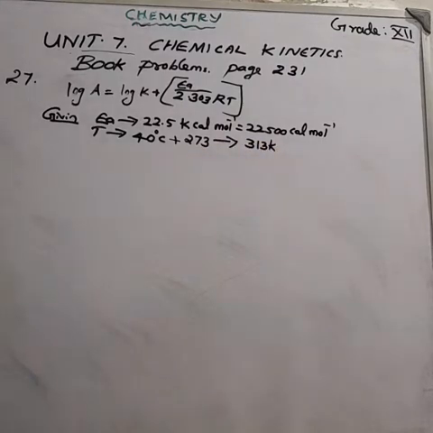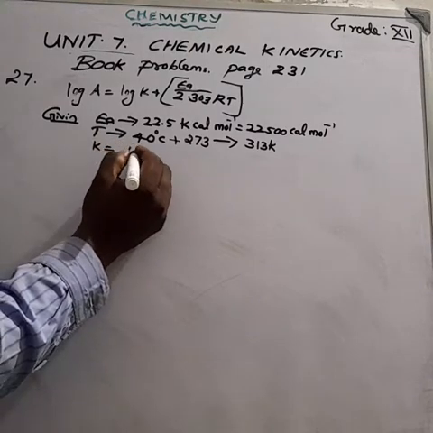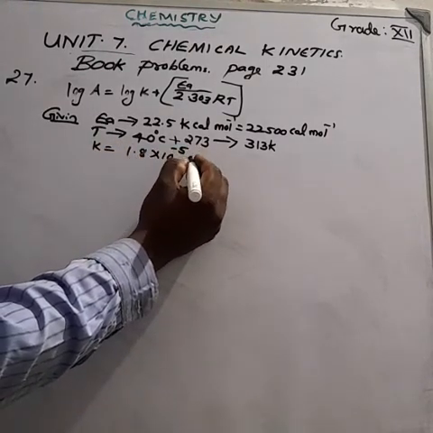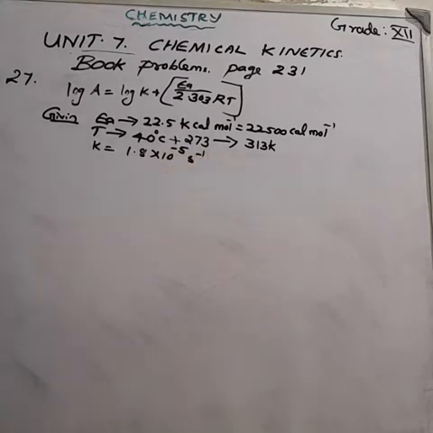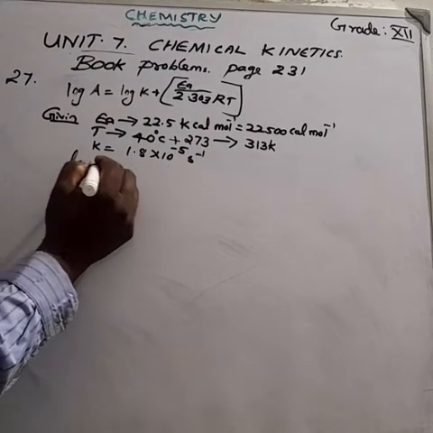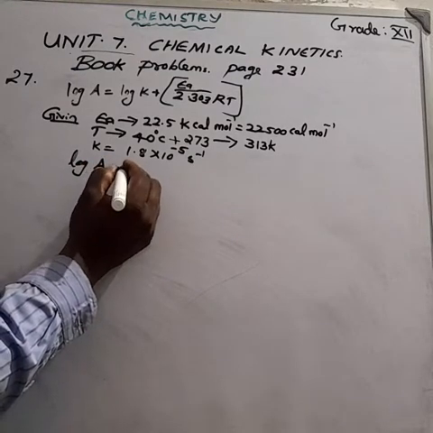And K is given as 1.8 into 10 raised to minus 5 second inverse. So these are the given values. We have to substitute in this formula. What is the formula here? Log A is equal to log K plus EA by 2.303 RT.